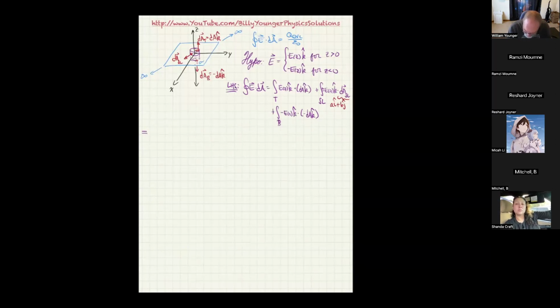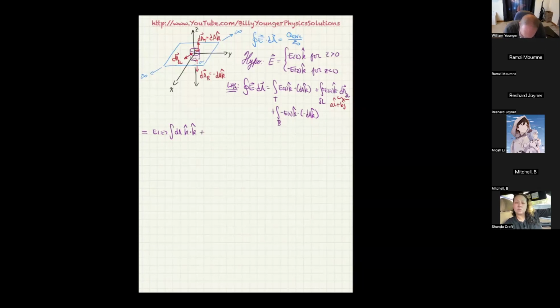And what you see is that on that top surface, E of Z has a fixed value because that top surface has a fixed Z, and E of Z only depends on Z. So I can say E of Z integral dA K hat dot K hat, like that.